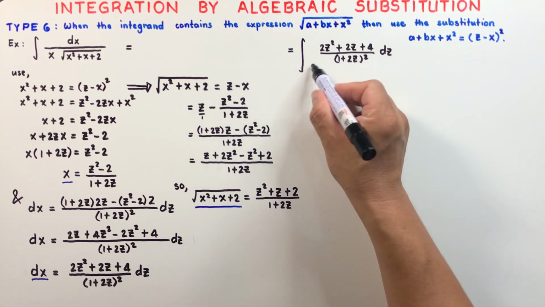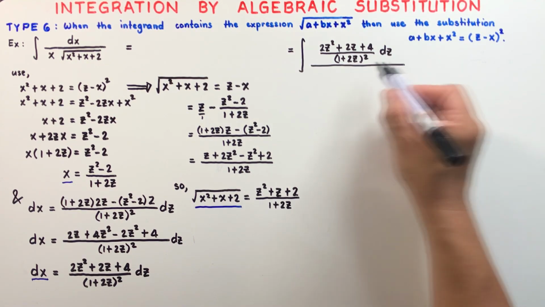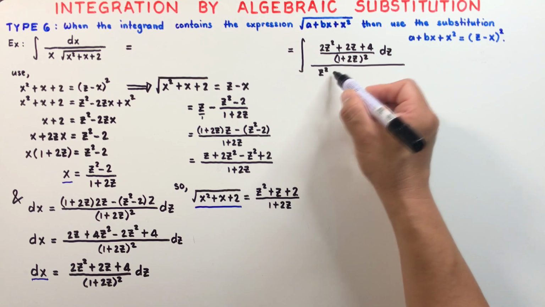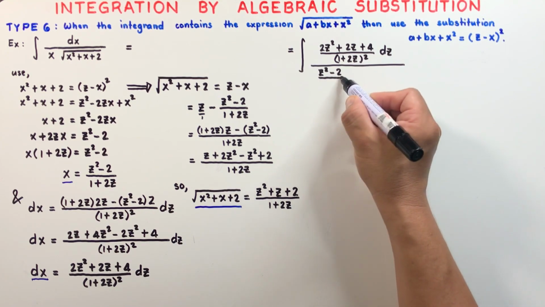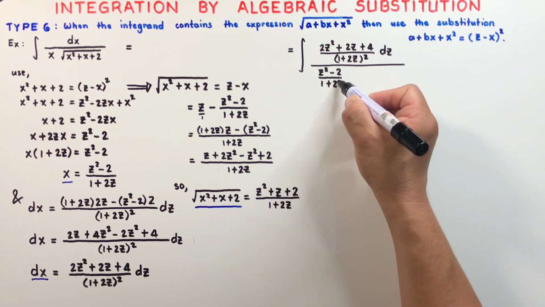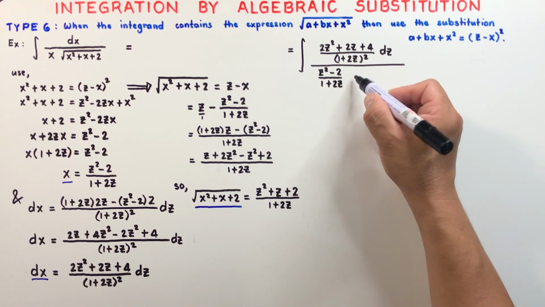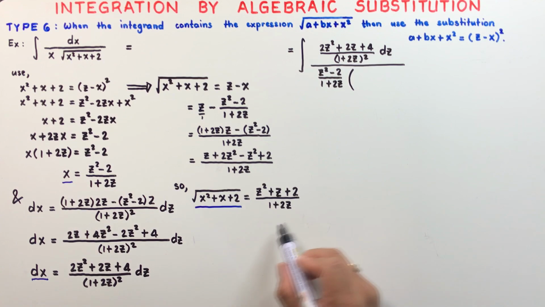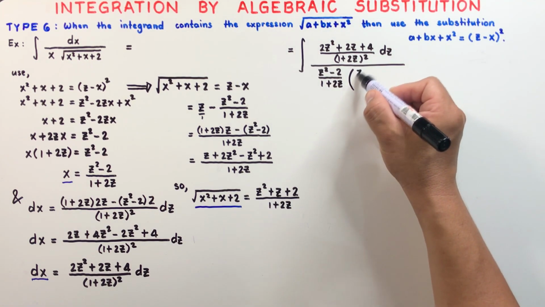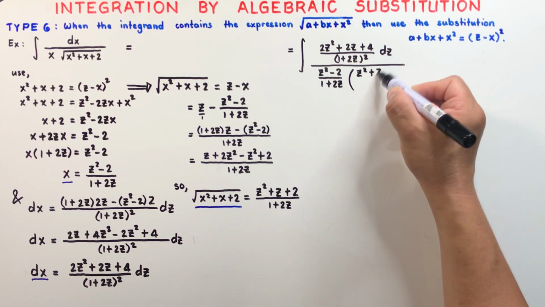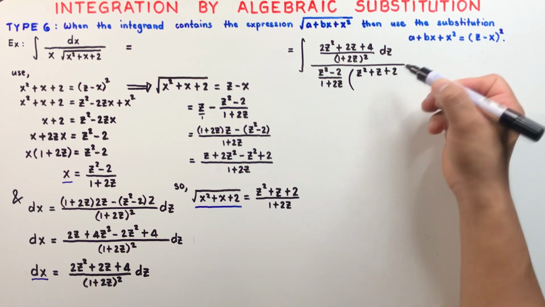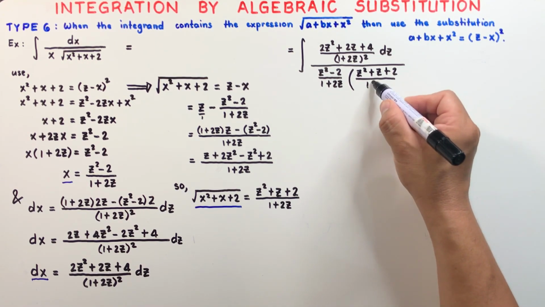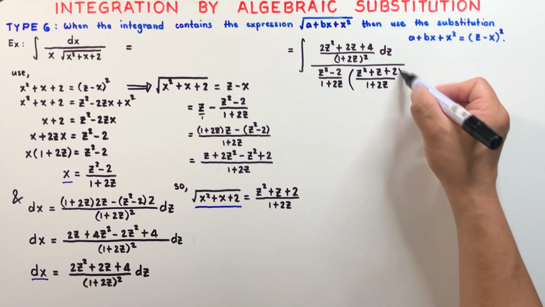And this is divided by our x, which is z squared minus 2 over 1 plus 2z. And this is multiplied by the representation of this square root, which is this one here. So we have z squared plus z plus 2. And this is divided by 1 plus 2z.